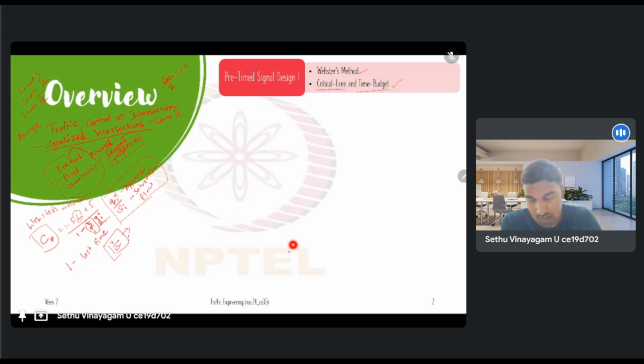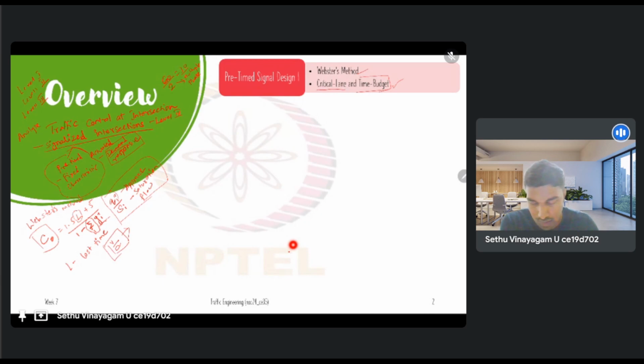Within each cycle you'll have multiple phases. How do you allocate these 2 minutes to the different phases, and how do you decide the proportion of green time that should be allocated to them? That particular allocation that we make is what we refer to as the time budget.